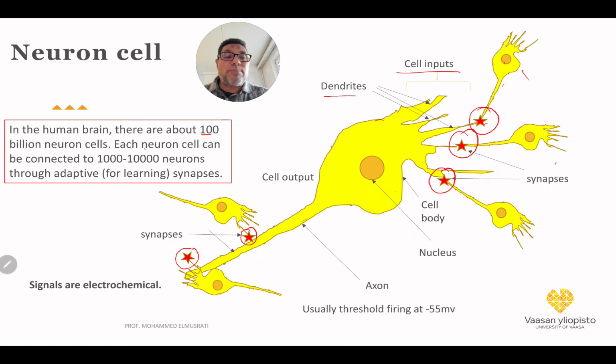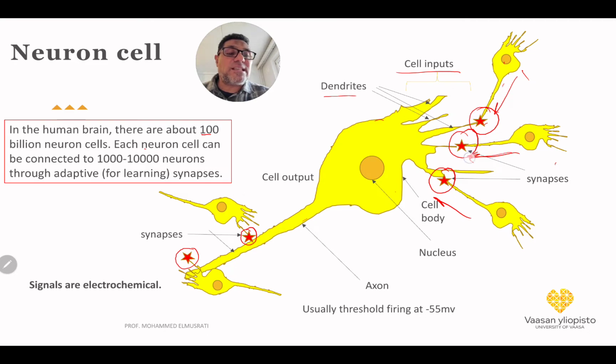So, for example, the inputs coming during the learning, these neurons have inputs. They are called electrochemical signals, because it is a chemical flow, but it also has an electrical effect.